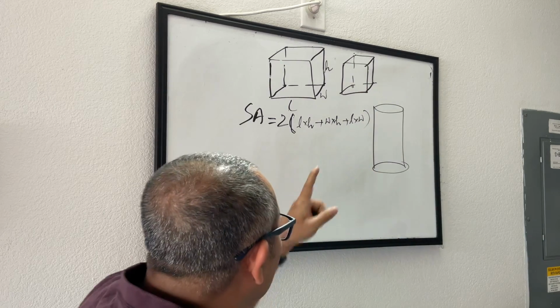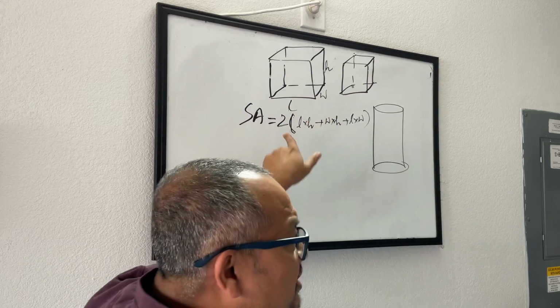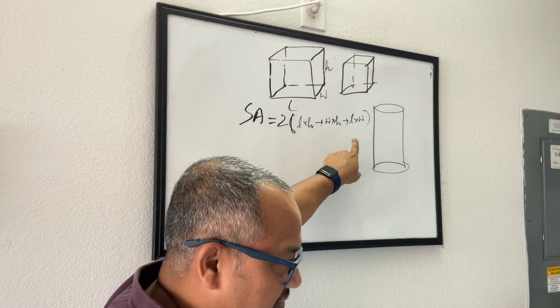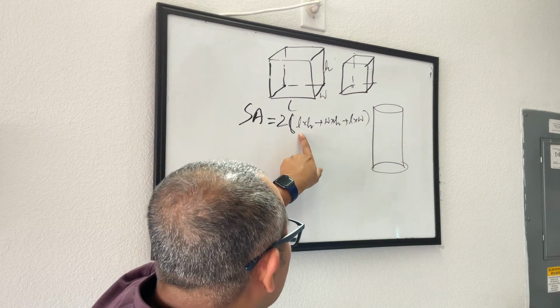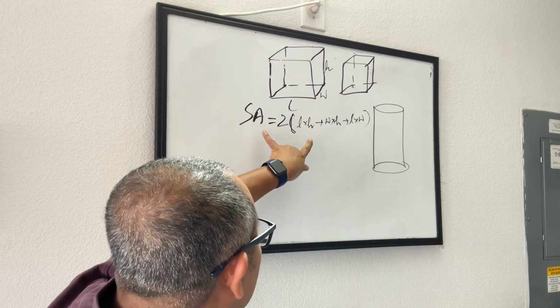So your cuboid has length, width and height, and these are 3 combinations of length, width and height that are added together: length times width, width times height and length times height. That's what gives you the surface area of a cuboid.